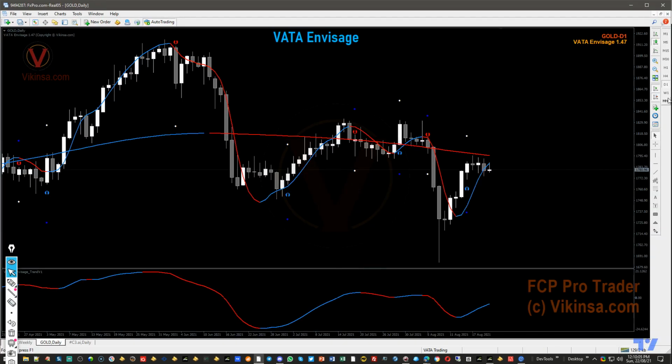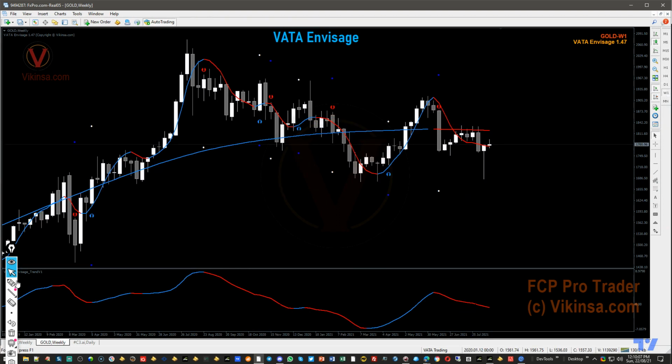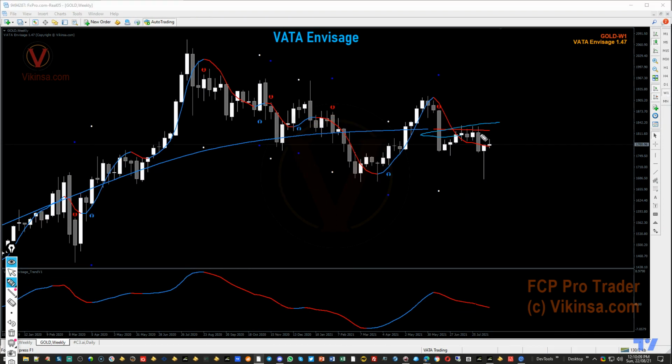if I go to the weekly time frame, you see this is bearish right now. Everything is red. This is red. This is red. And so that means on a multi-week basis, it is still bearish. And I know that this target is still open. This is the signal which was given to us, and this target is still open. So on a multi-week basis, it can come down even below this previous structure level.